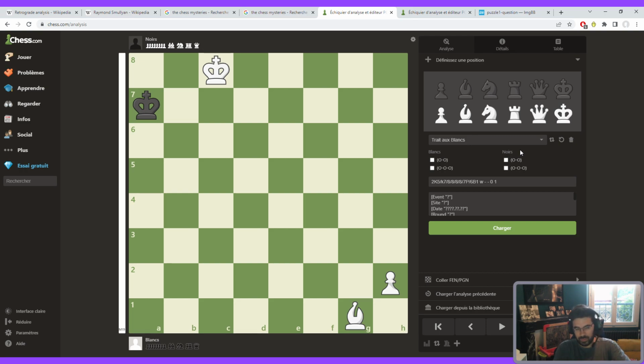Okay. So now the question of Raymond Smullyan is, okay, but what was now the last white move to arrive to this position? As you can see, the problem is that actually the black king is in check by the bishop in g1. But if white moved the bishop, it was not from h2 to g1 check, because there is a pawn in h2.